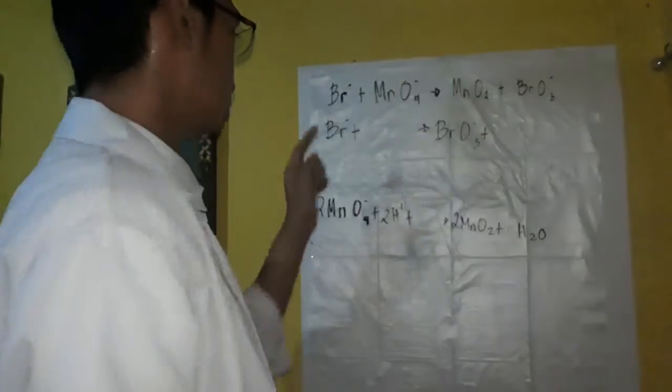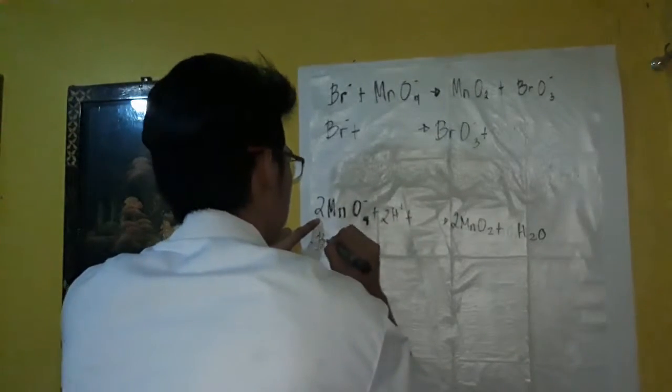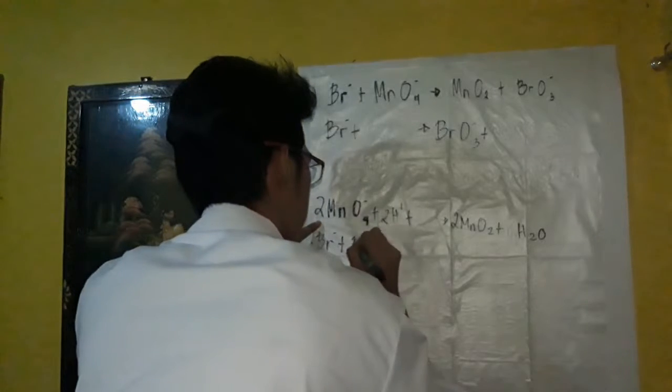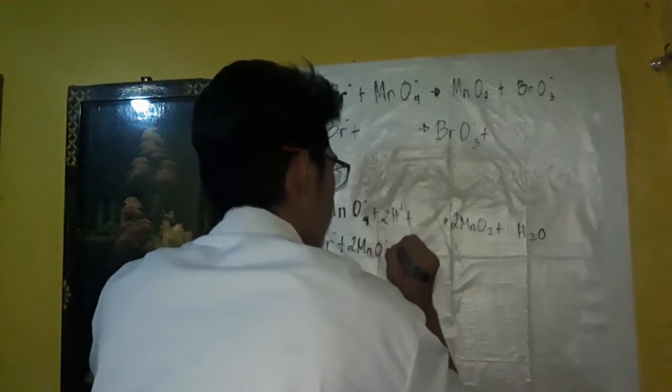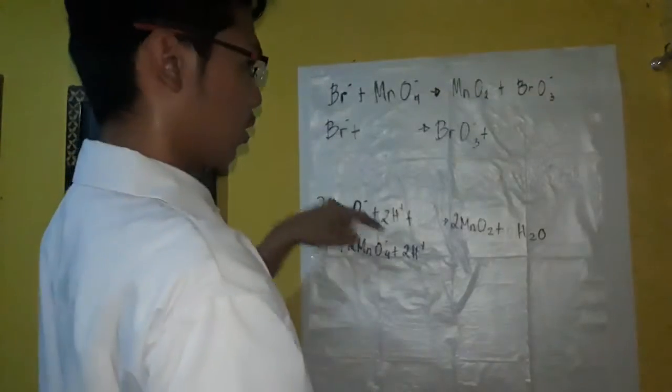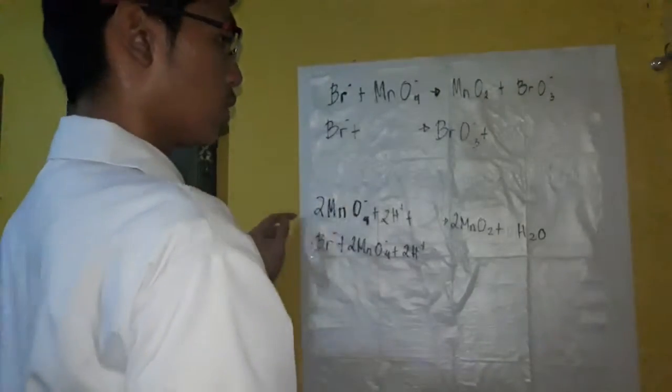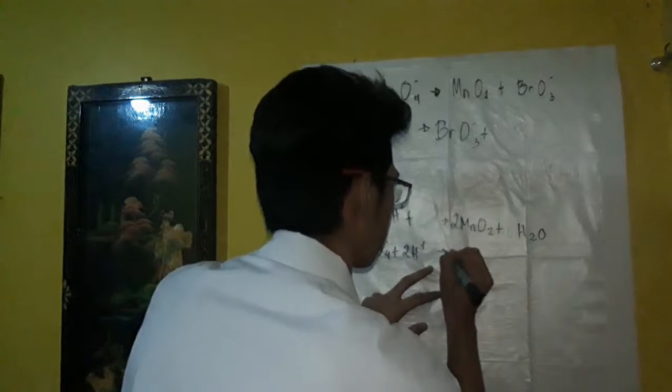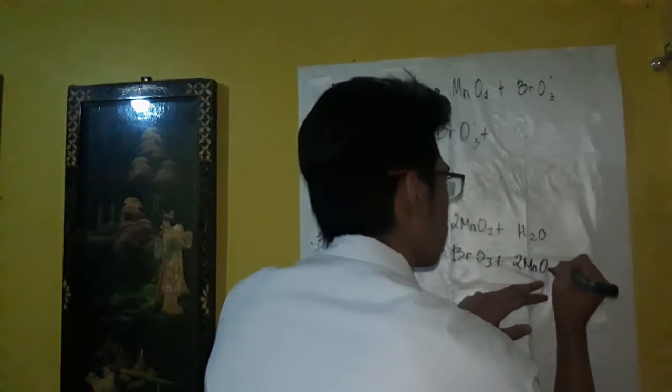That's it. So now we will combine the equation. So it will become Br⁻ plus 2MnO4⁻ plus 2H⁺, giving BrO3⁻ plus 2MnO2 plus H2O.